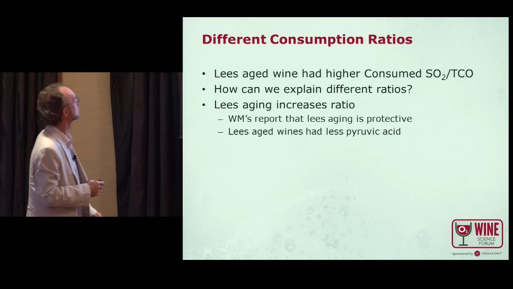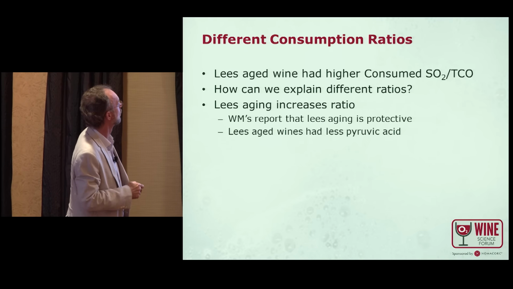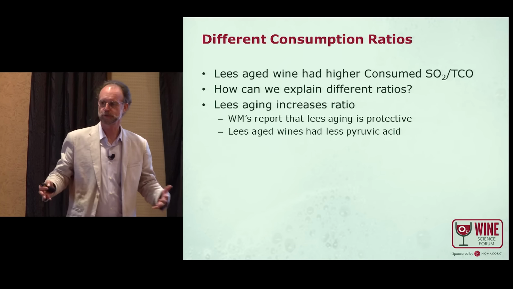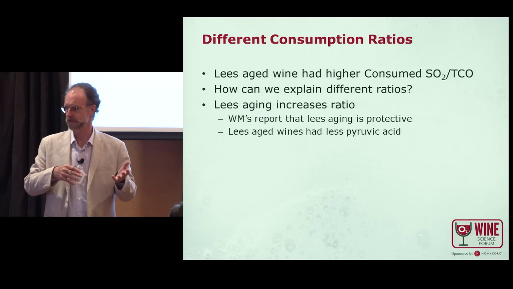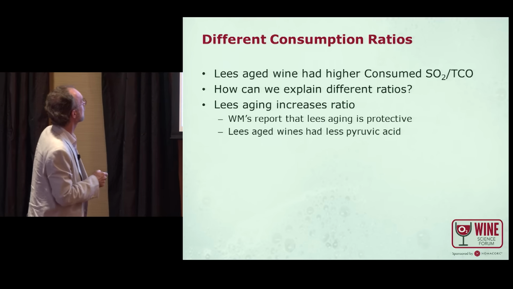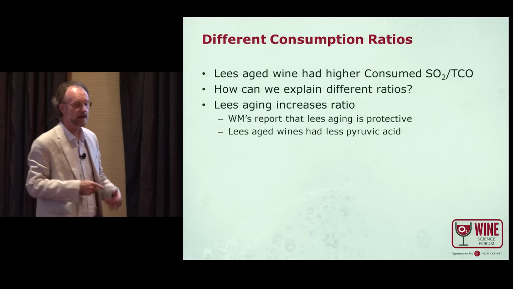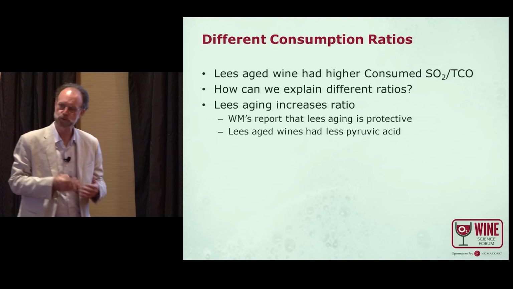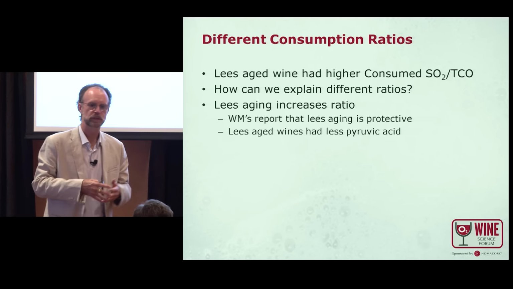One of the other things we observed, aside from the fact that the closure with the high oxygen transmission was leading to more oxidized wine, was quite surprising: the lees-aged wine had a higher ratio, meaning that the SO2 that was there was consuming more of the oxygen.